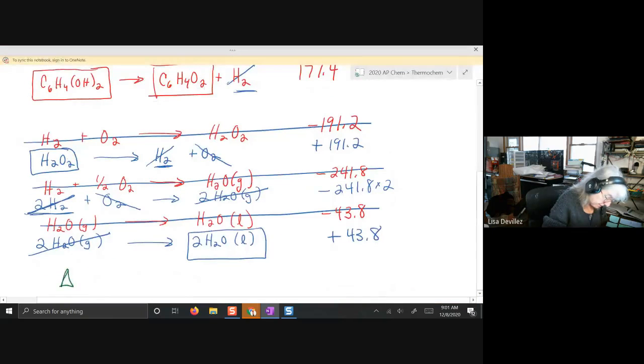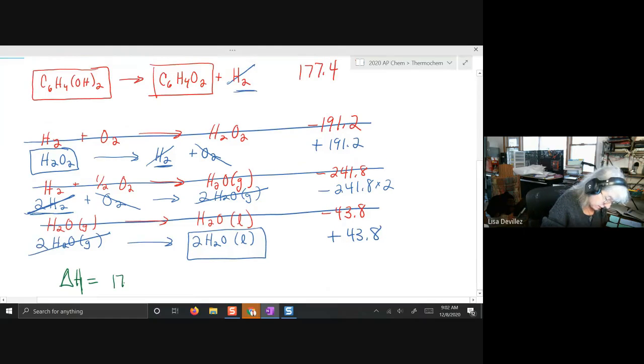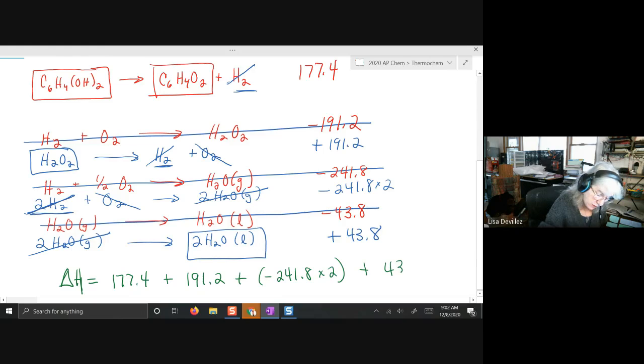Alright, so my delta H equation then is going to be 177.4 plus 91.2 plus a negative 241.8 times 2 plus 43.8.